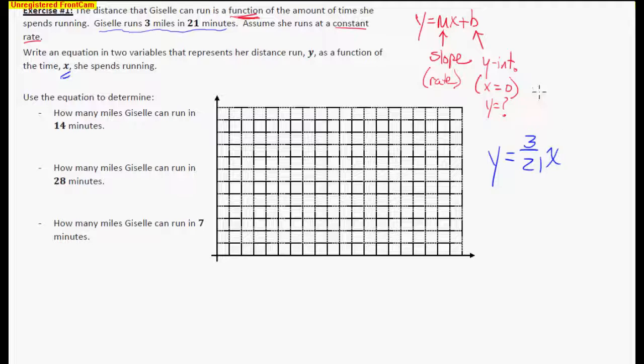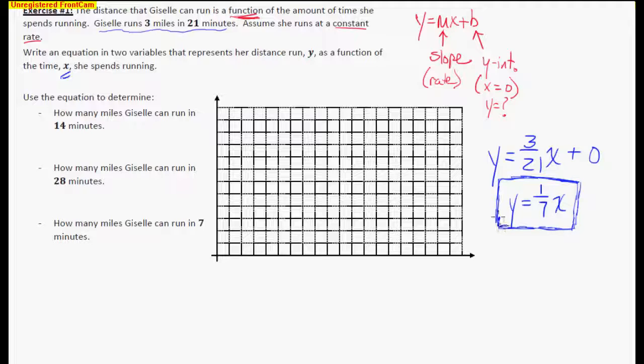So actually, the y-intercept in this case is a 0. Okay, so let's reduce some things. Let's make this equation a little easier here. 3/21 will reduce to 1/7. And I don't really need to write that y-intercept. So there's my equation that I'm going to use to describe this situation here.